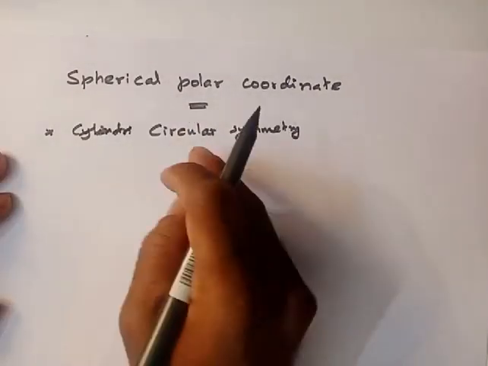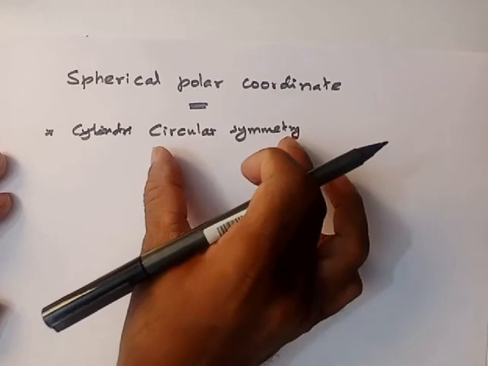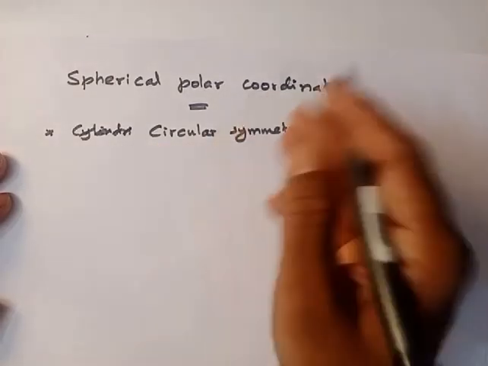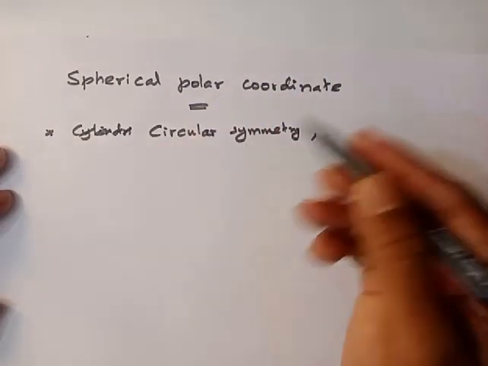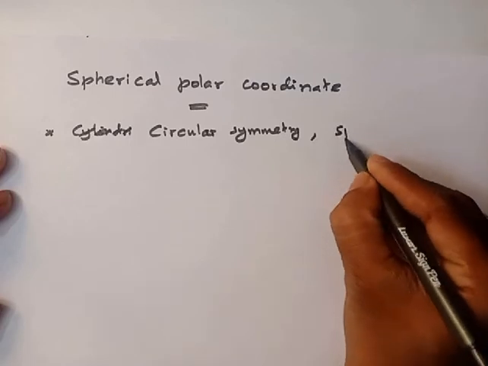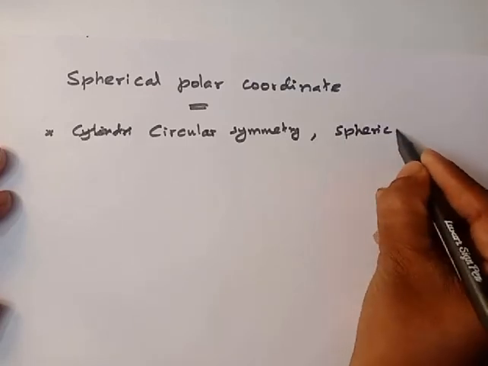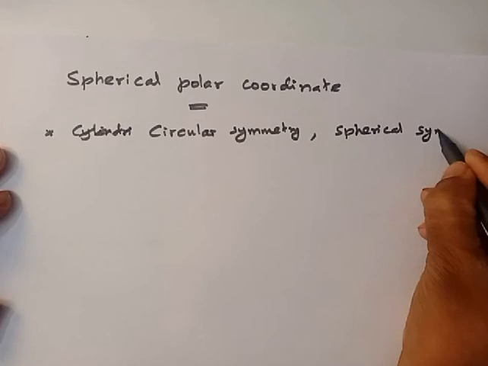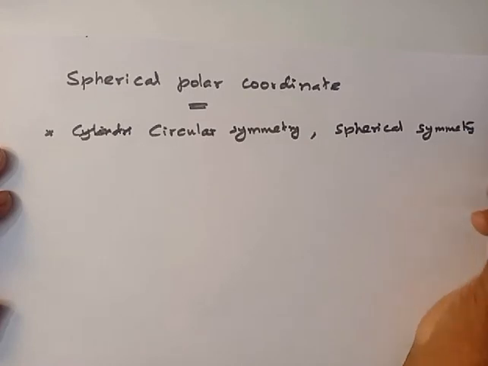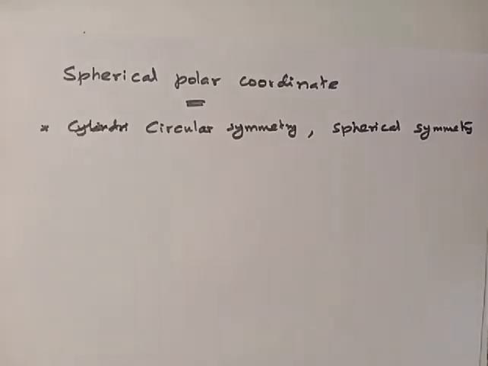A particle on a ring is nothing but circular symmetry, and a particle on a sphere can be considered spherical symmetry. So whenever a system has circular or spherical symmetry, we use spherical polar coordinates instead of Cartesian coordinate.